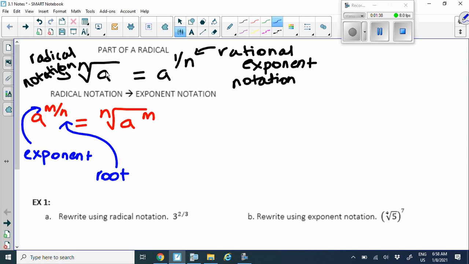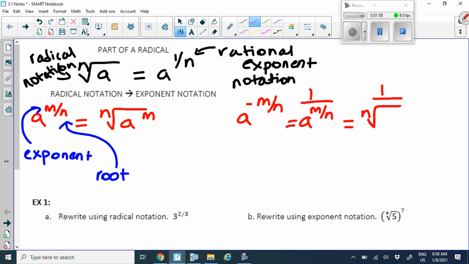And we can also do the same thing when our rational exponent is negative. So we have a to the negative m divided by n power. Now we do 1 over a to the m divided by n, and then we can rewrite this in radical notation. So now this is going to be 1 over the nth root of a to the m. And that exponent of m can be either outside or inside that radical. It's really up to you.